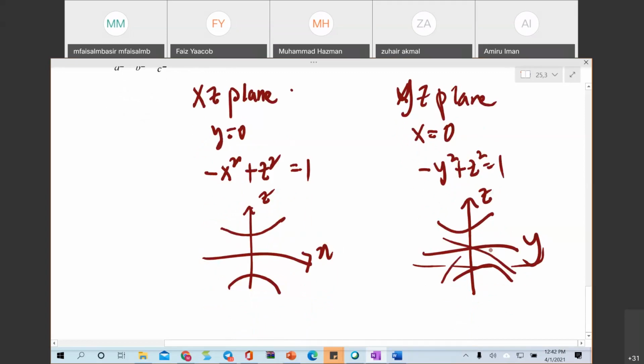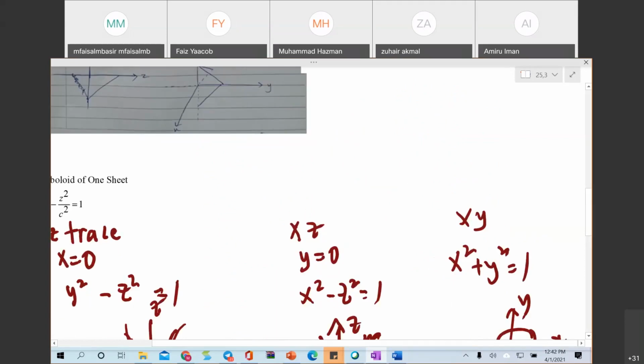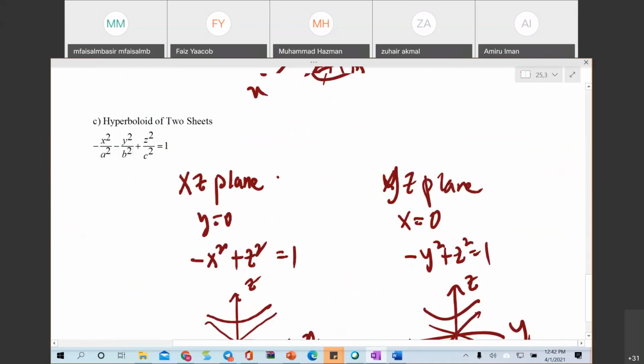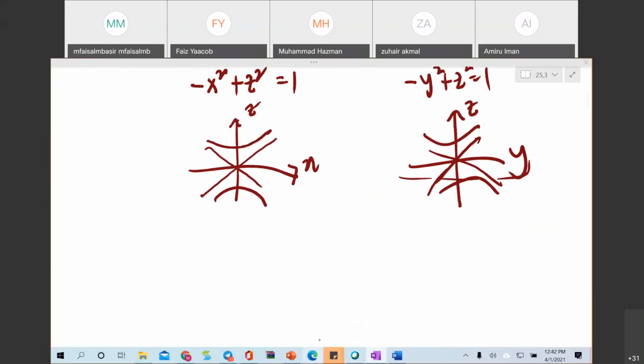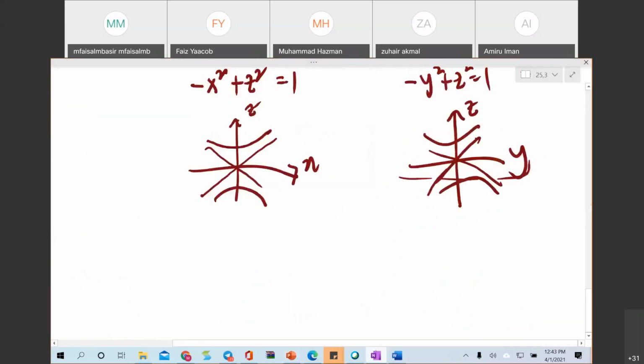It is an asymptote. Exactly, draw the hyperbola. Unlike the hyperbolic one sheet, which touches x and y, here they do not touch. That is why they are separated. This is the reason why they separate from x and y. There is no drawing or surface on the xy.